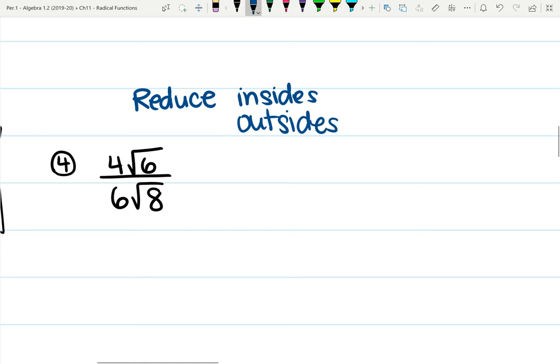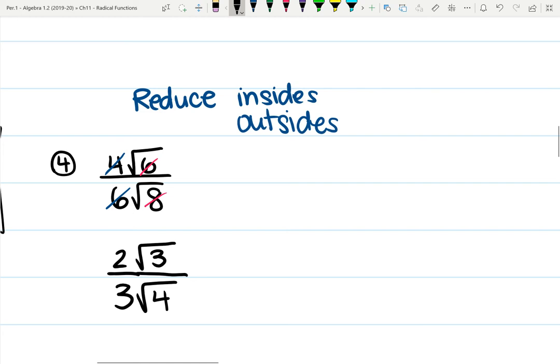So in this case, when I take a look, hey, I can reduce 4 and 6. If I reduce that by 2, don't I end up with 2/3? And then separately, I notice that I can reduce 6 and 8, but those are inside the square root. So when I do this, I reduce 6 and 8 into 3 and 4.